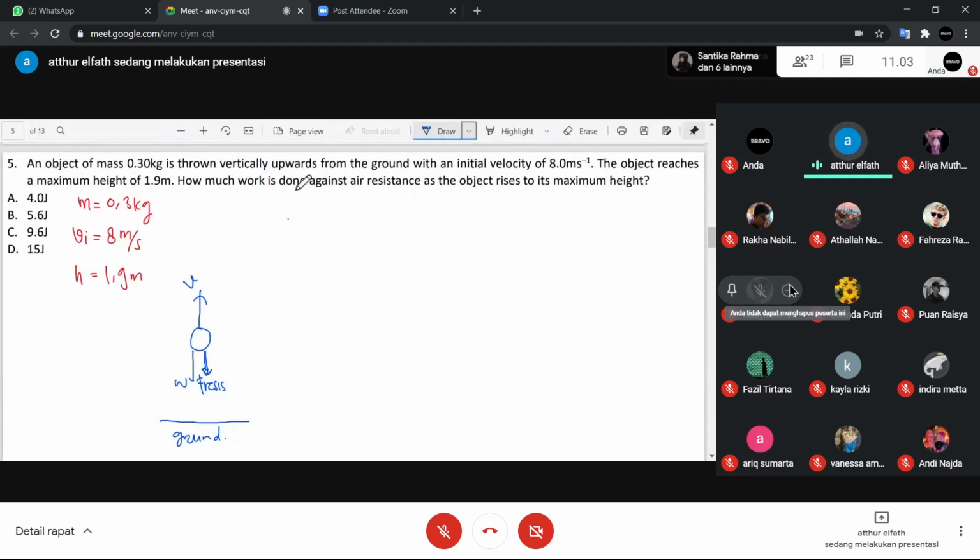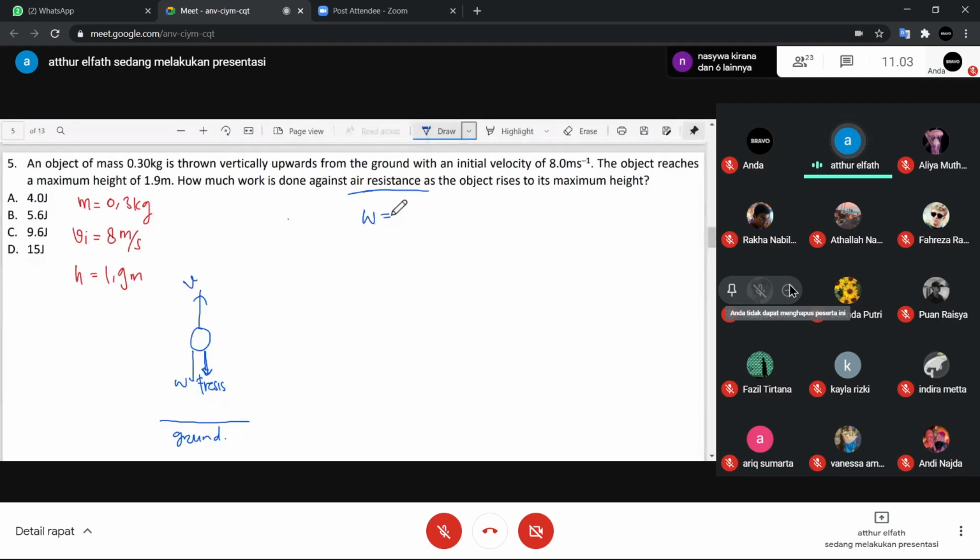Our goal here is to find the work done against air resistance. Now I told you the formula.